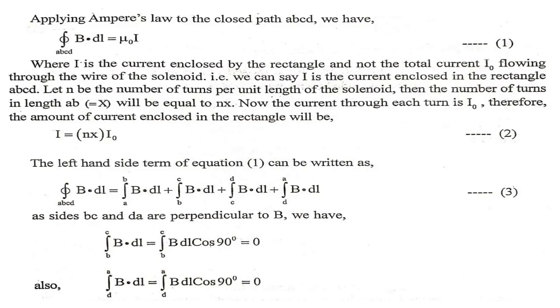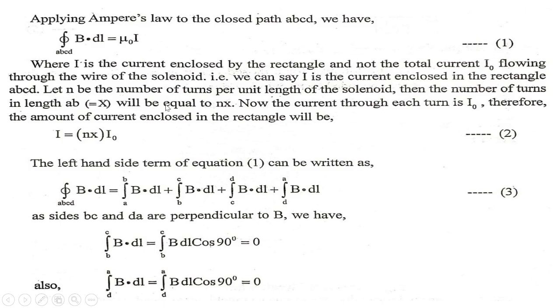Now applying Ampere's law to the closed path ABCD, we can write the line integral over ABCD of B dl equals mu 0 I, where I is the current enclosed by the rectangle and not the total current I0 flowing through the wire of the solenoid. That is, I is the current enclosed in the rectangle ABCD.